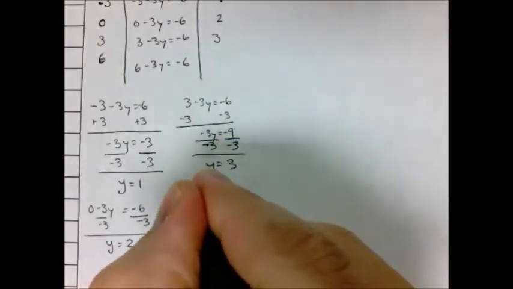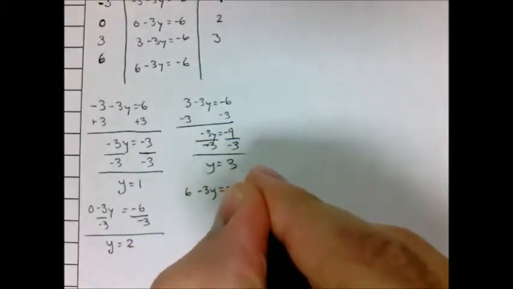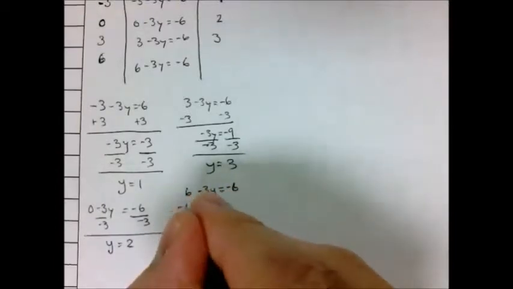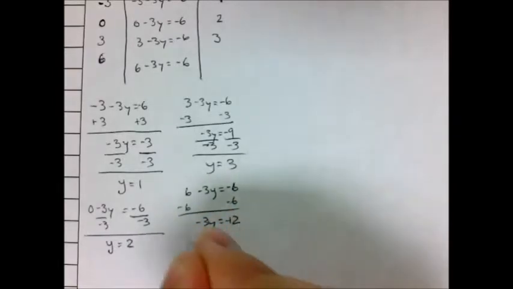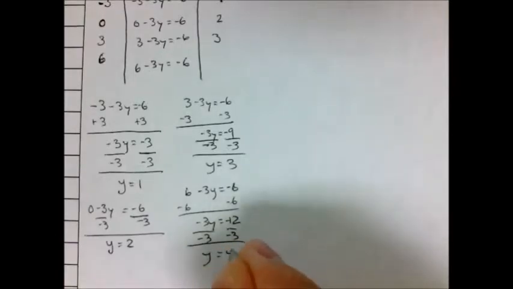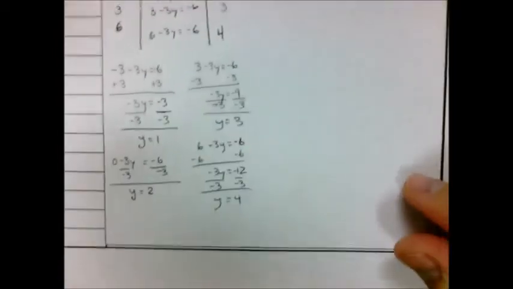So this last one should, in my mind, be a positive 4. And if we do that, we'll see, once we divide by a negative 3 on both sides, that we get y is equal to 4, which is true. Okay, so now let's build a graph and actually graph these points on the coordinate plane.